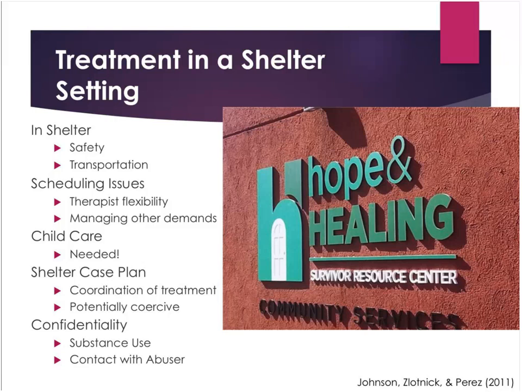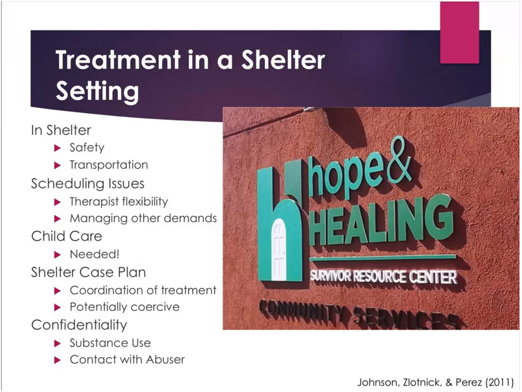And I think one of the hugest considerations that we had to really think about was confidentiality. Over the years this has changed, in terms of how much substance use is restricted in shelters, and contact with the abuser, and the rules that shelters have.